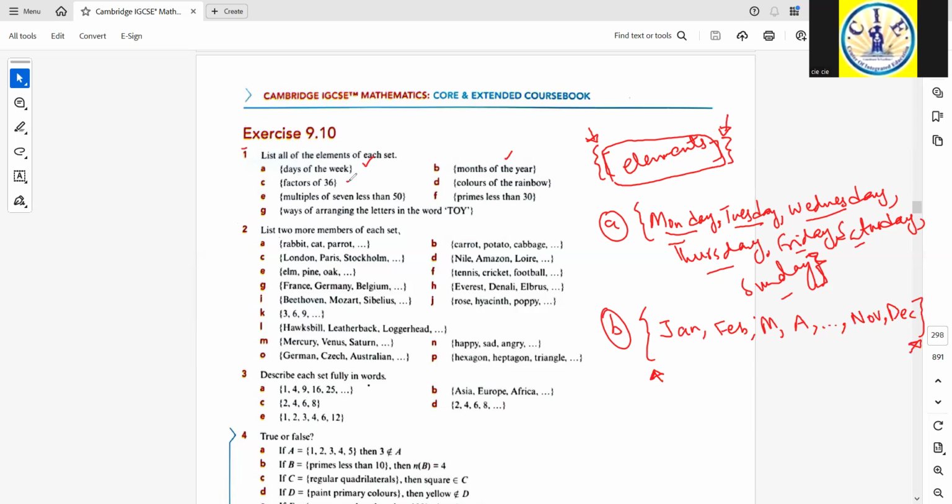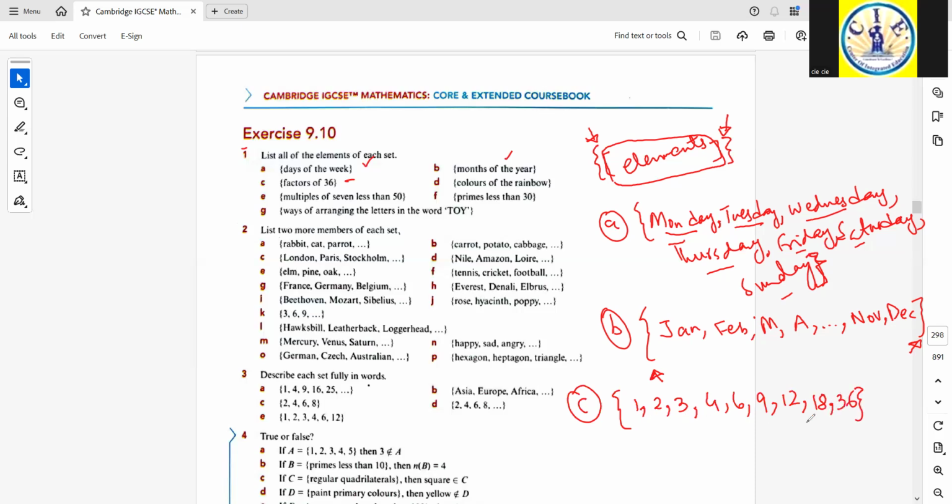Then part C, factors of 36. So we need to include all those numbers which constitute factors of 36. We know that 36 is divisible by 1 because 1 is a factor of every number. Since 36 is an even number, it is divisible by 2. It is also divisible by 3, 4, 6, 9, 12 (3 twelves are 36), then 18 (2 eighteens are 36), and then 36 (36 ones are 36).